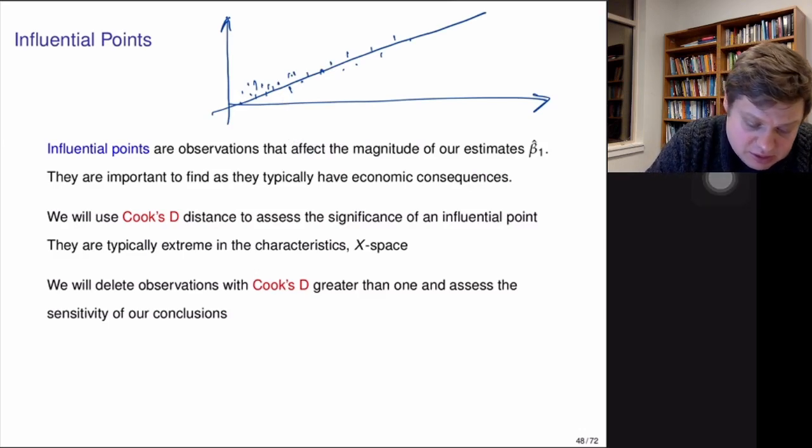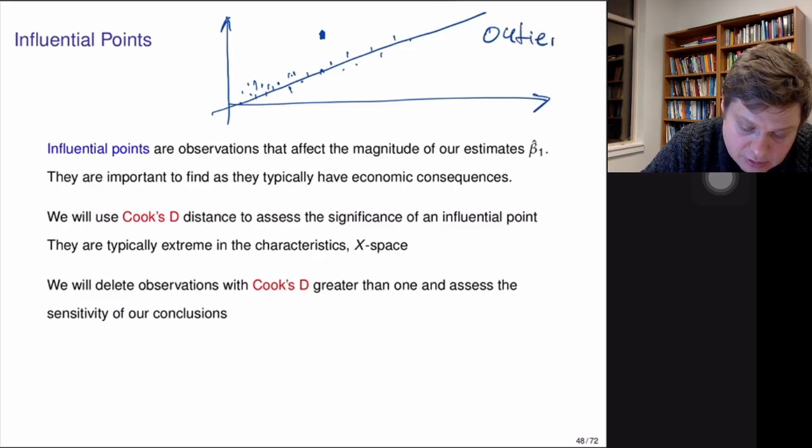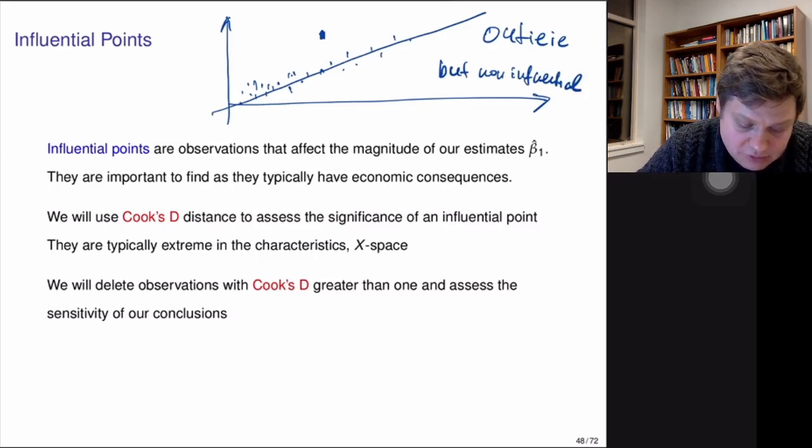So this point is not an influential point, although it is an outlier. So that's an example of an outlier, but not influential. So an outlier is not always influential, okay?